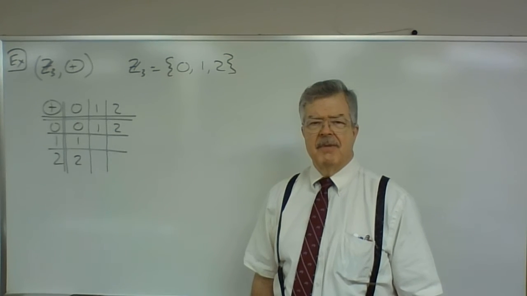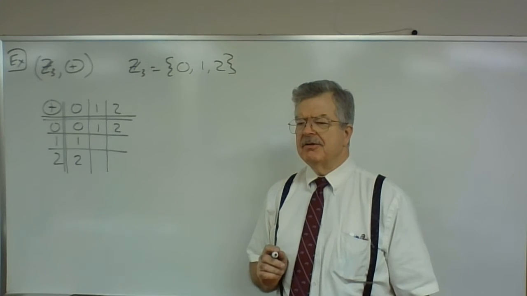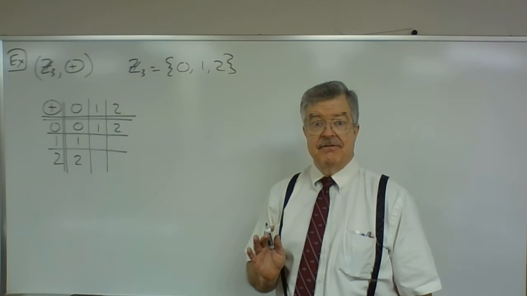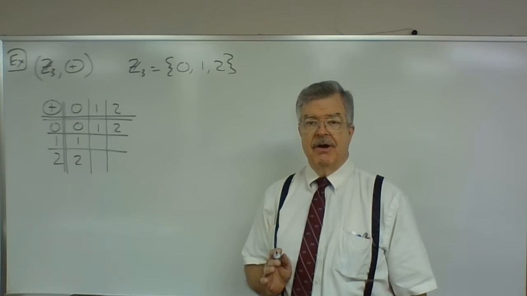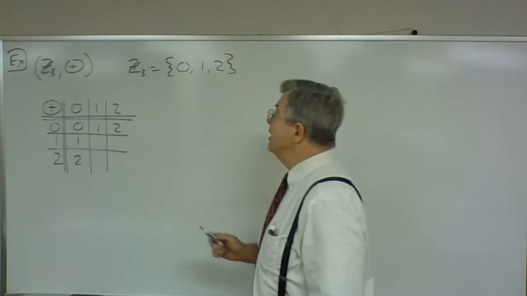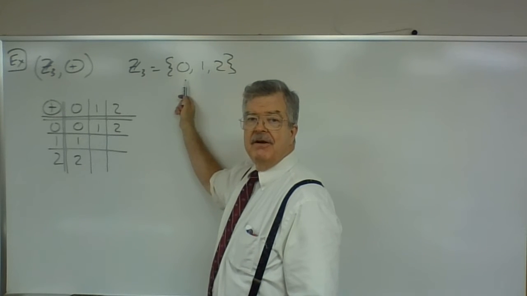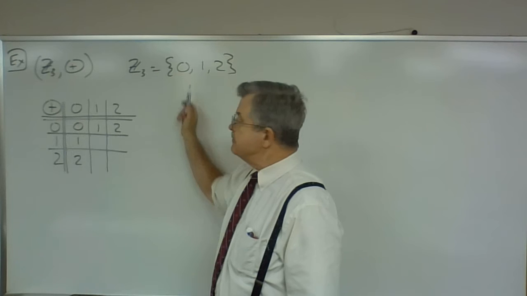Let's look at some more examples. The integers modulo n provide some very good examples for additive group notation, which we're going to talk about after we do a few more examples. Here, Z sub 3 is the set of remainders modulo 3.